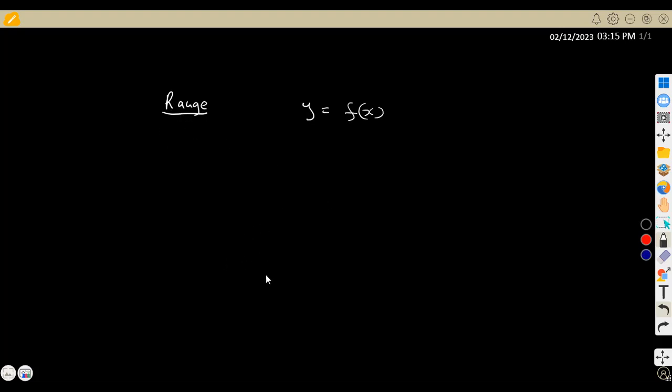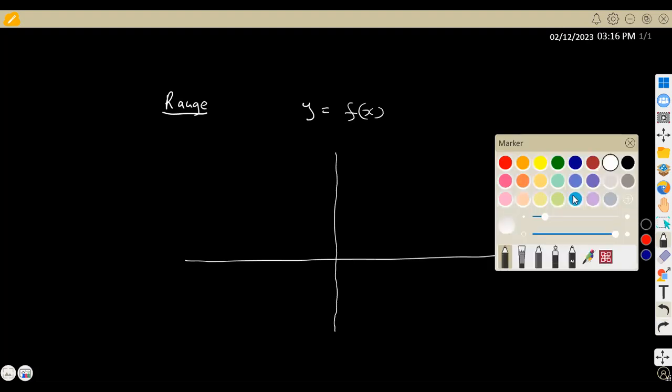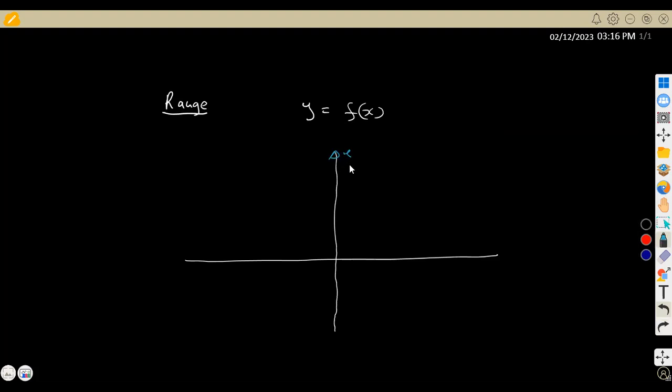For example, we sketched a graph. Let me explain with a sketch so that you can understand what I'm trying to say here. This graph is ugly, guys. Let's try to redo it. Something like this. So let's say we have got our graph here. I'm going to take this as a quadratic graph.